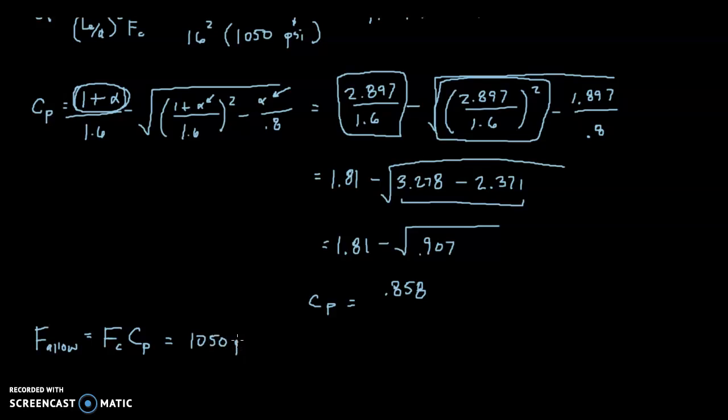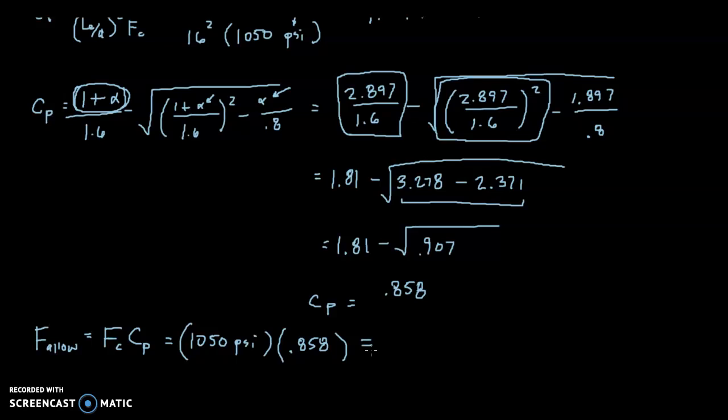1050 psi. And essentially what this stability adjustment factor is telling us is that because of the slenderness of this column, because of its height versus its width, we really can only rely on about 86% of this allowable stress when we design the column. If the column was shorter, C sub P would be bigger.